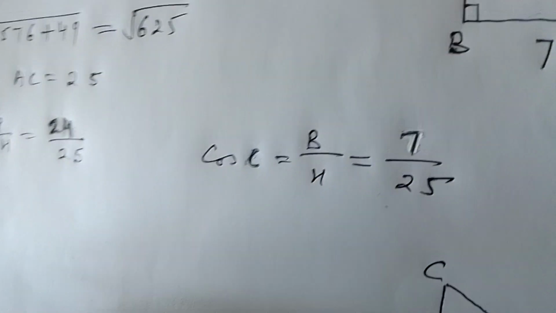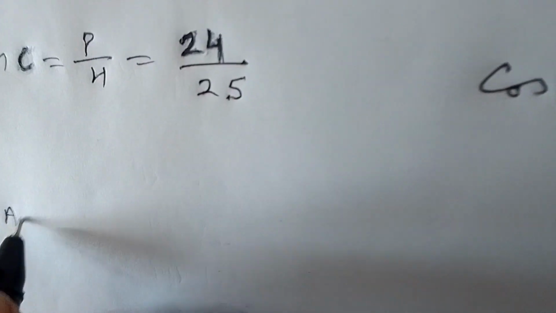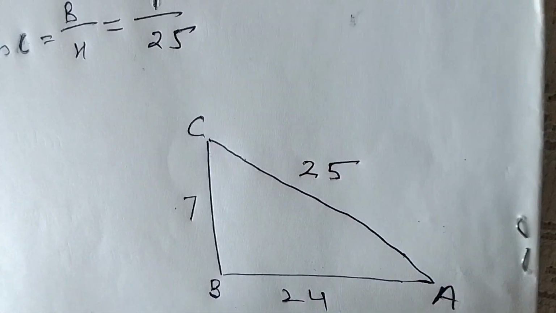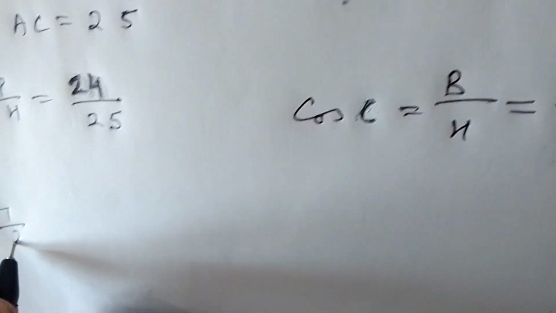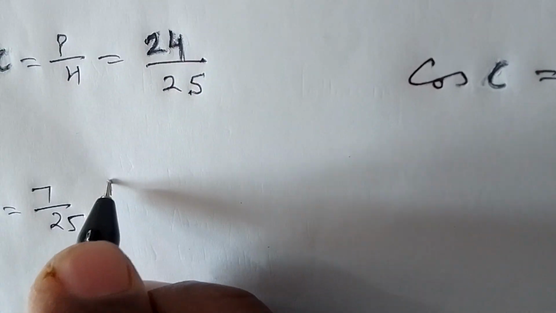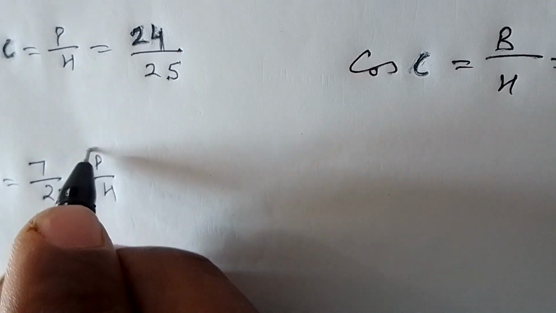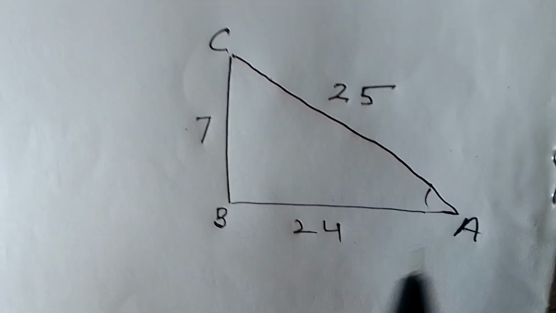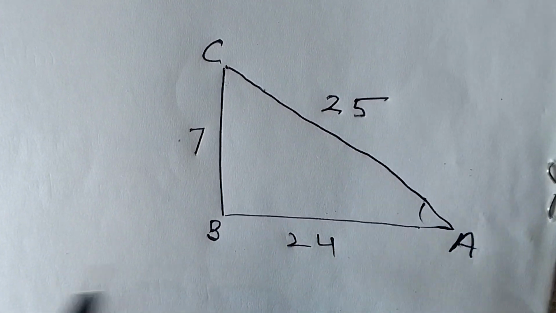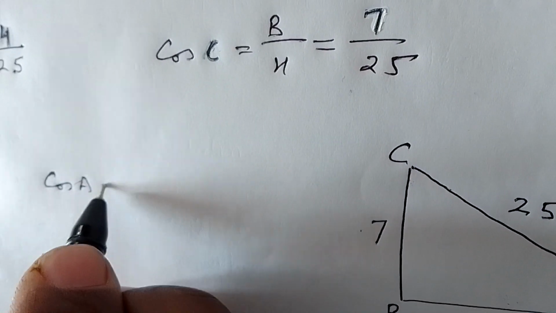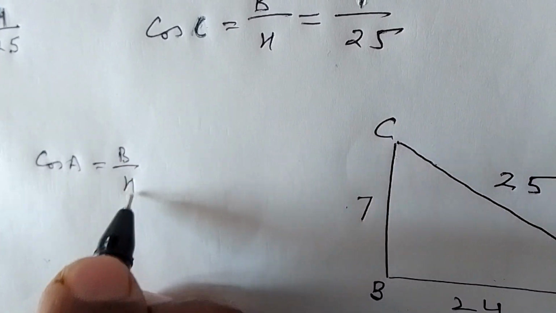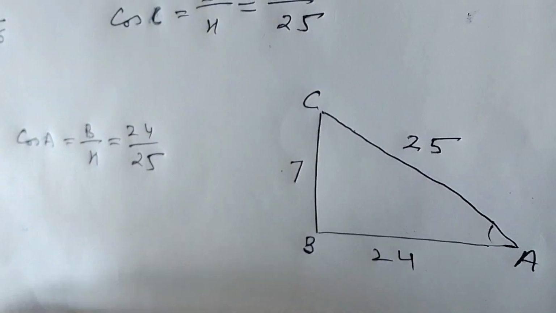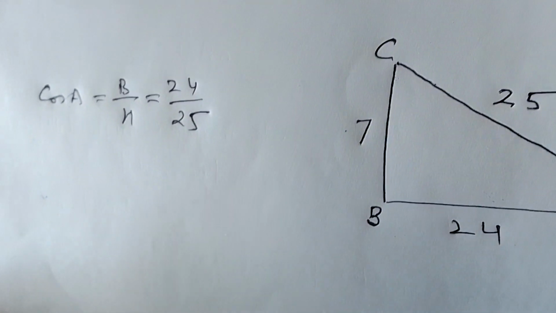So in this case sin C comes out to be perpendicular divided by hypotenuse, that is 7 by 25. Then cos C is base divided by hypotenuse, that is 24 divided by 25. So this is the answer of the first question.